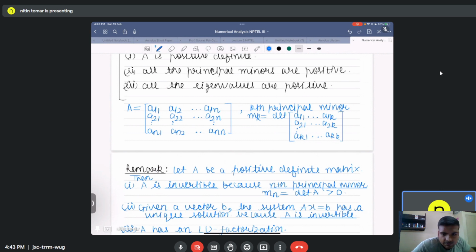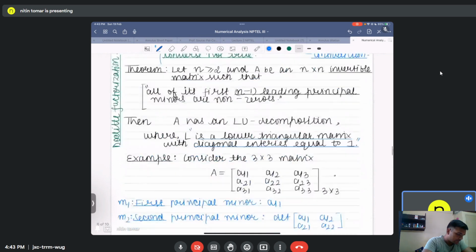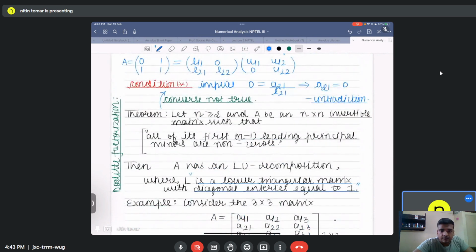If it is strictly positive, it is also non-zero, right? See, we have this theorem, Doolittle's theorem: all of its first n minus 1 leading principal minors must be non-zero.